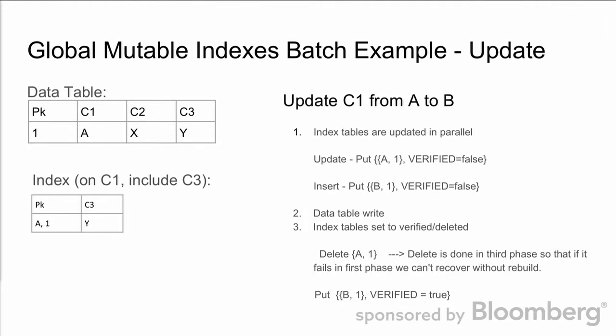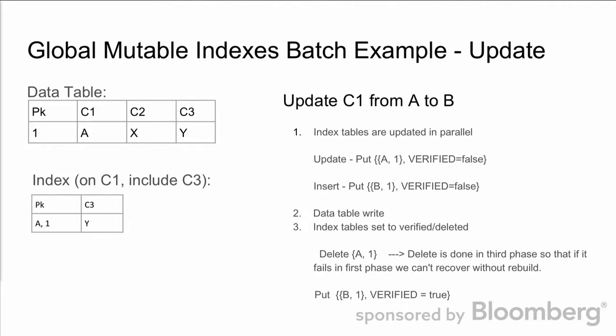It is the column 1 value, which is A, comma, the primary key of the data table, which is 1, and since column 3 is included, its value is stored there as well. And in our example, we update the value of column 1 from A to B. That's the update on the data table.